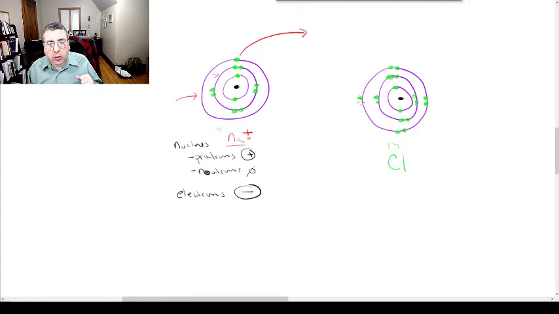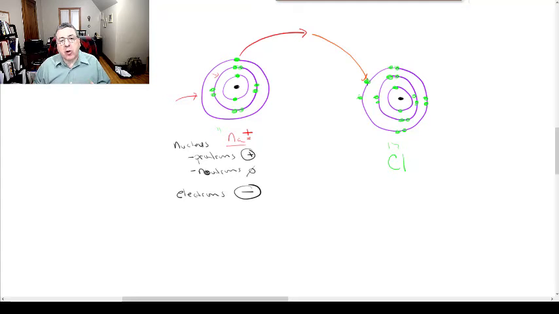Do you give up 7 electrons, or do you take on 1 electron? The easiest thing to do is absorb another electron. So at this point, this one will come down here, and that electron comes across.